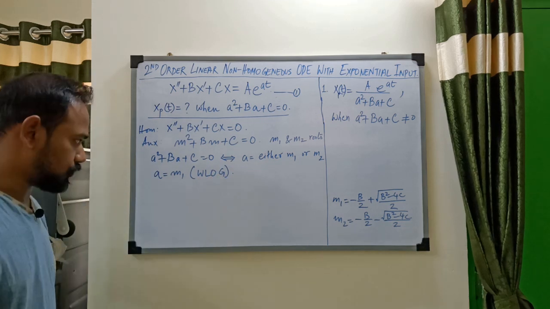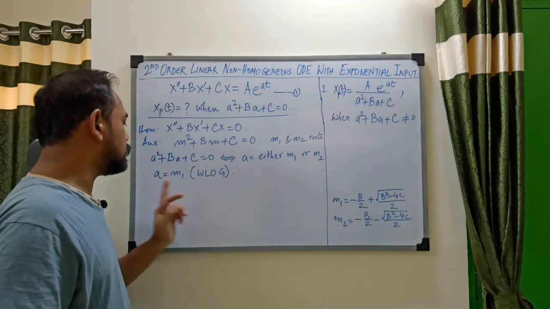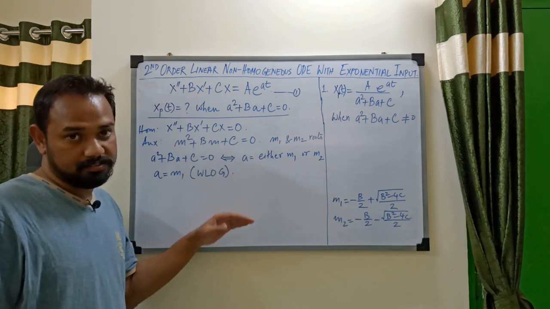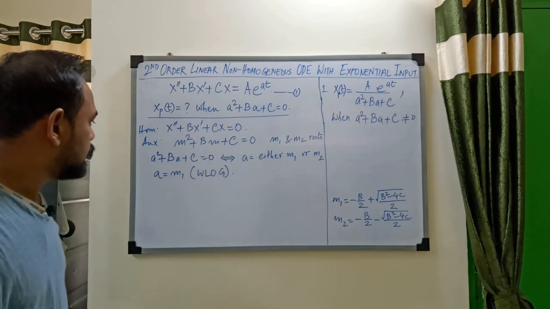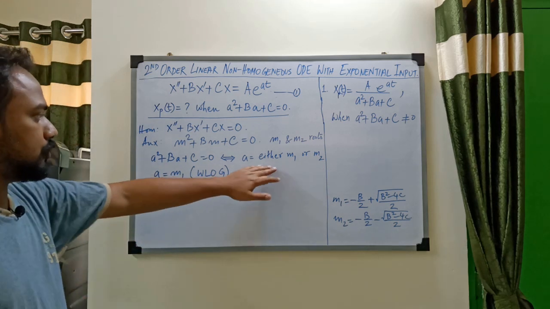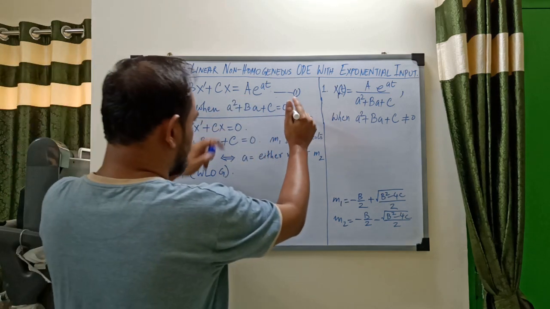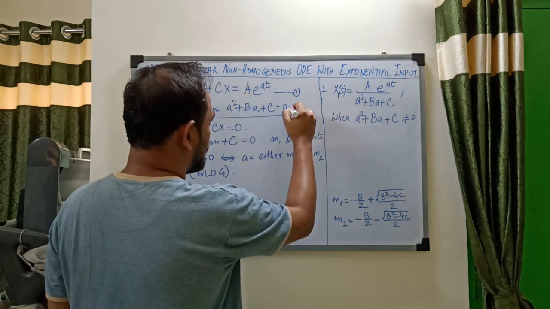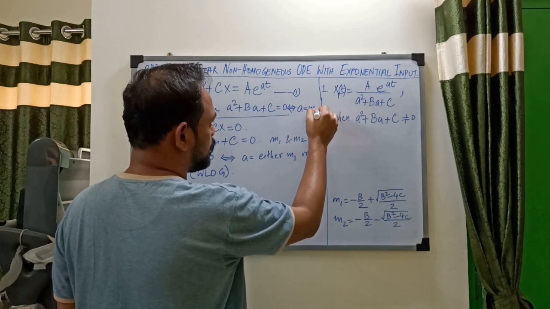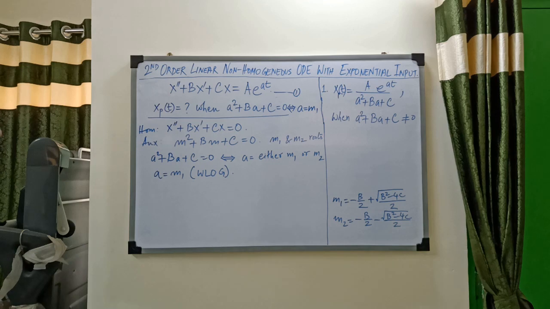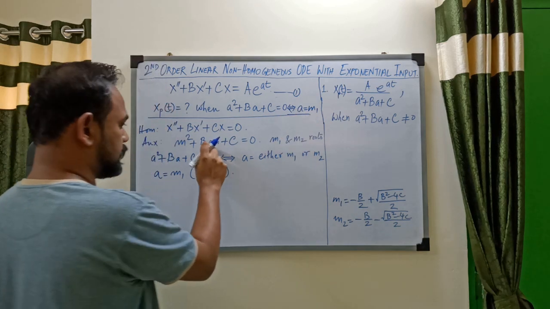That's the phrase that is used. In other words, somebody else could have assumed a equals m2, and that person would have gotten the same result as we would assuming that it is m1. So without loss of generality, we will assume that a equals m1 and we will proceed from there on. So this is the same as saying that a is one of the roots, m1, of this.